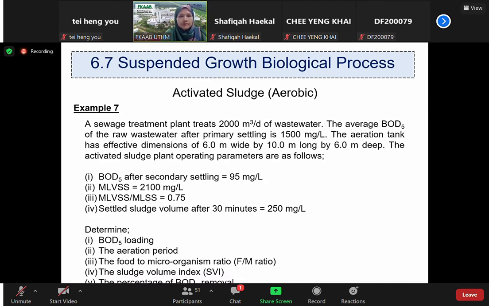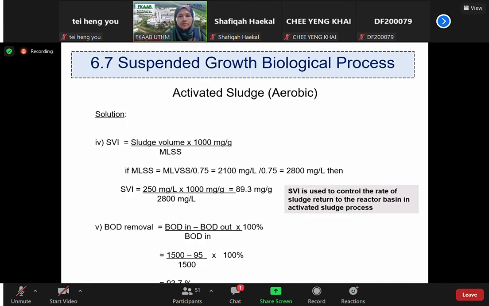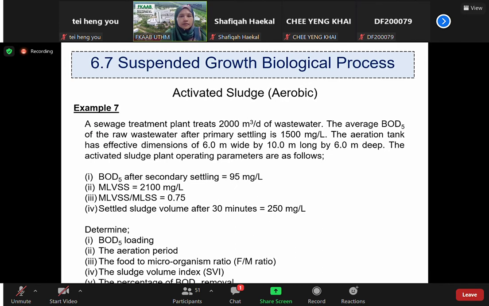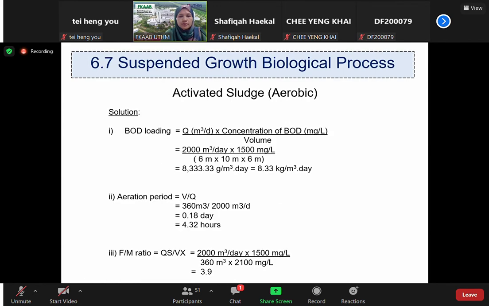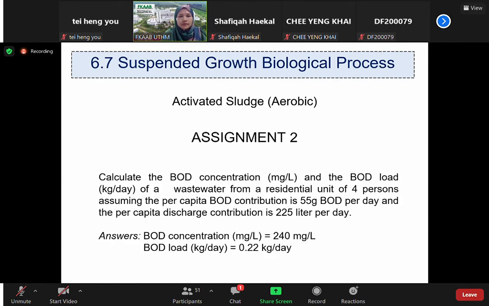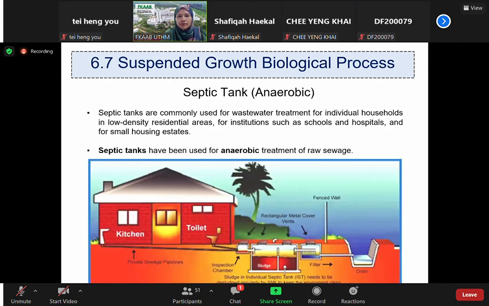Dan juga another example of the sewage treatment plant to calculate the BOD loading, F/M, aeration period, F/M ratio, SRT dan juga percentage of BOD removal. Okay, then yang ini boleh juga cuba, kita akan discuss next week.